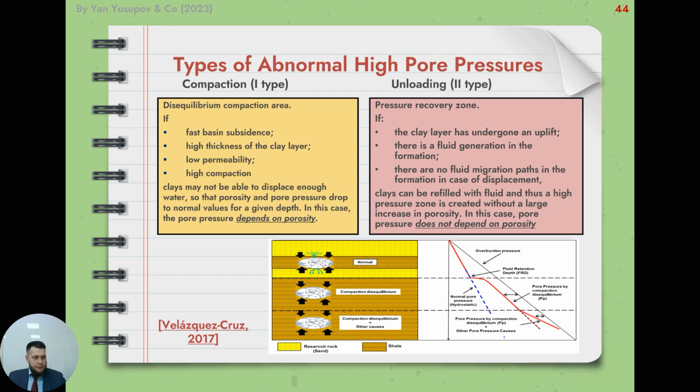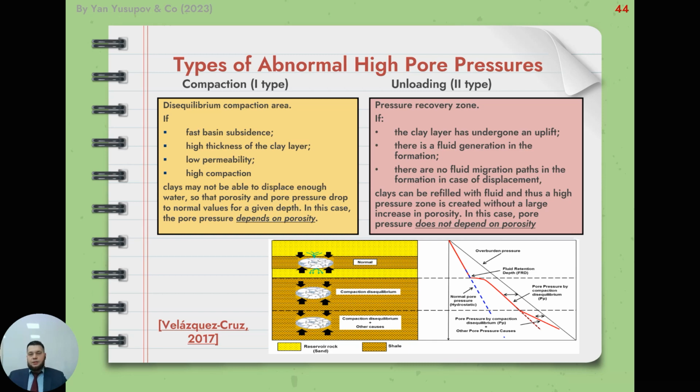This can exist if we have fast basin subsidence, high thickness of the clay layers, low permeability, and very high speed compaction that is characteristic of young oil and gas basins. For example, this is Sakhalin, where we can see Miocene deposits.